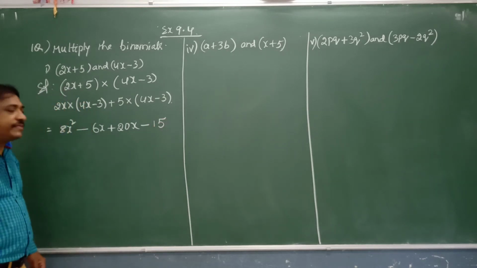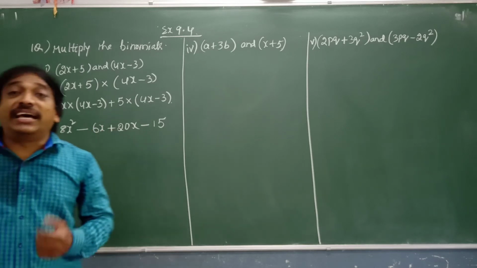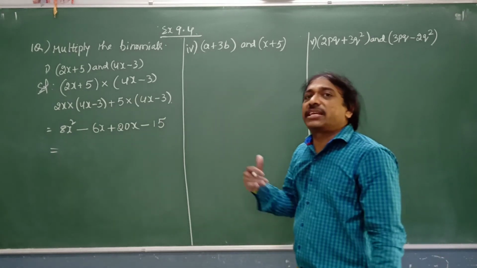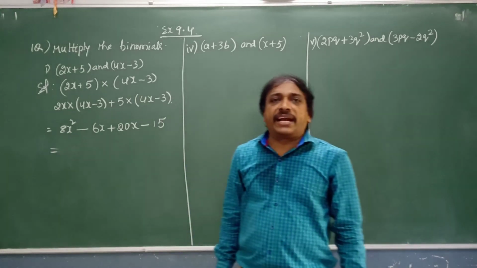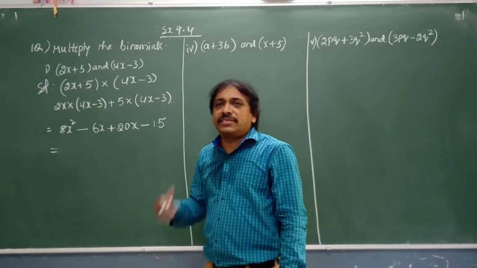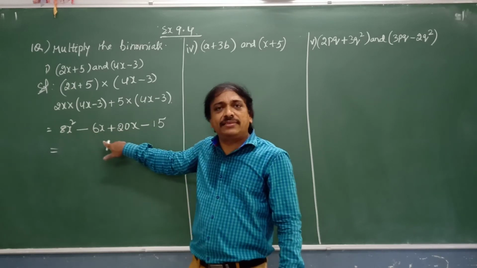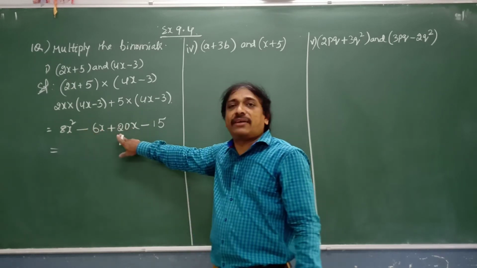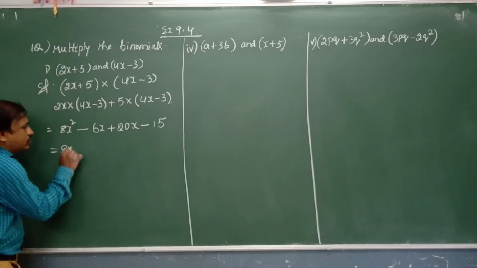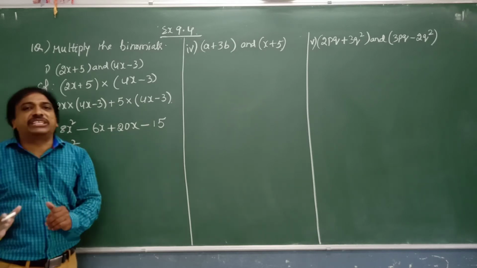Now you see, is there any like terms? Like terms can be added or subtracted. What are the like terms? Yes, 6x and 20x. Do they have the same signs? No, one has minus, one has plus. So 8x square minus 6x plus 20x. You see the integers operation again.